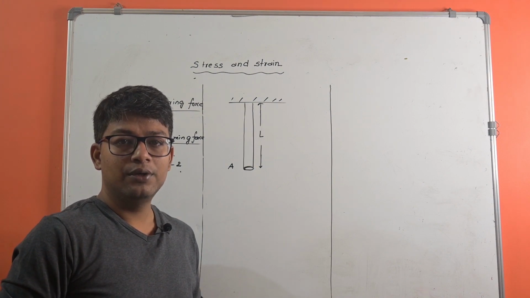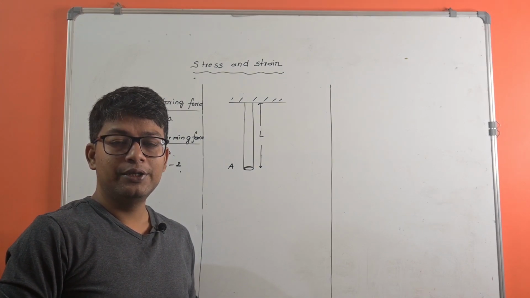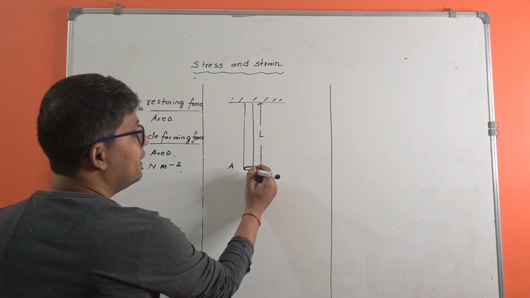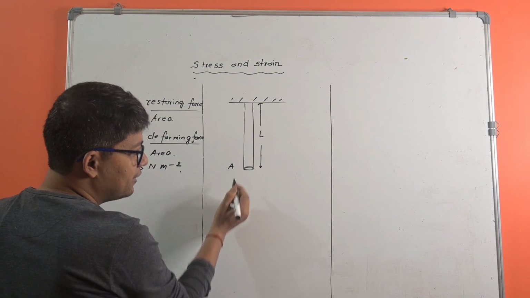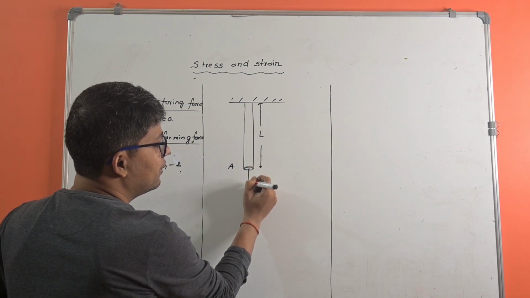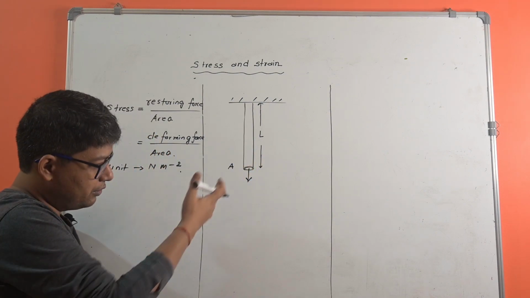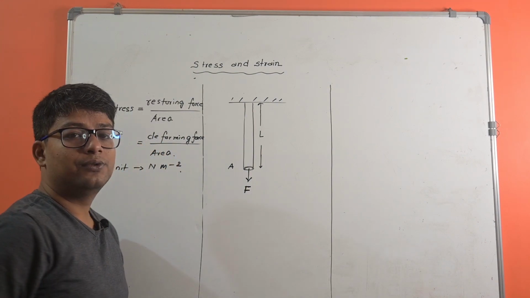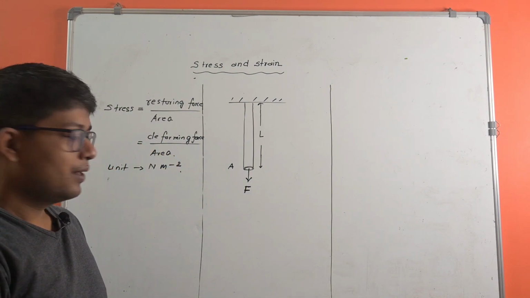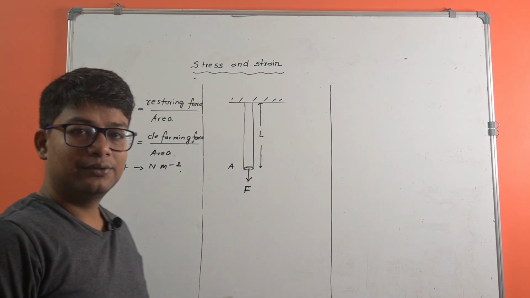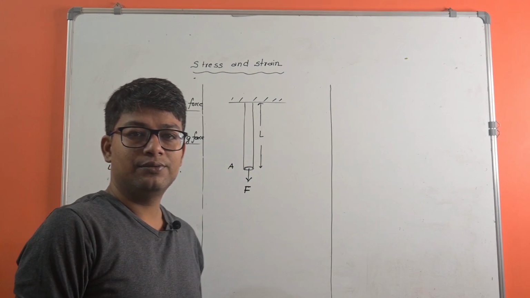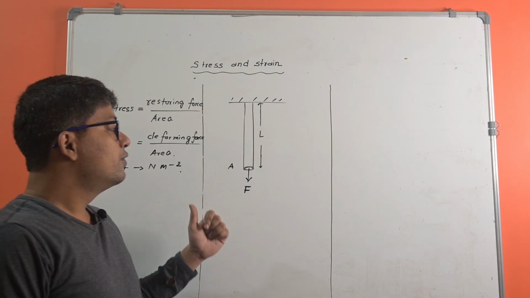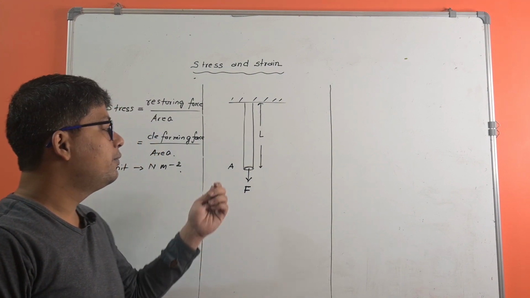But how will I apply the force? You guessed right. At this free end, on this surface, in a downward direction according to this diagram, I applied a normal force. This force is along the length of the wire but normal to the area of cross section of this wire.